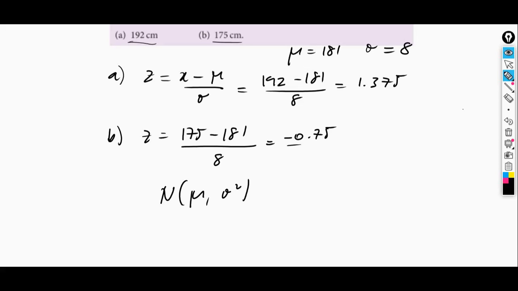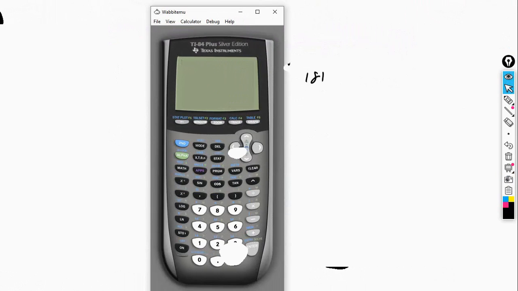So I'm going to show you how to find the probability that the random variable x lies between 175 and 192 centimeters. So what we do is that we go to second vars, and that takes us to distributions. And we want to pick number 2, which is the normal cumulative distribution function.